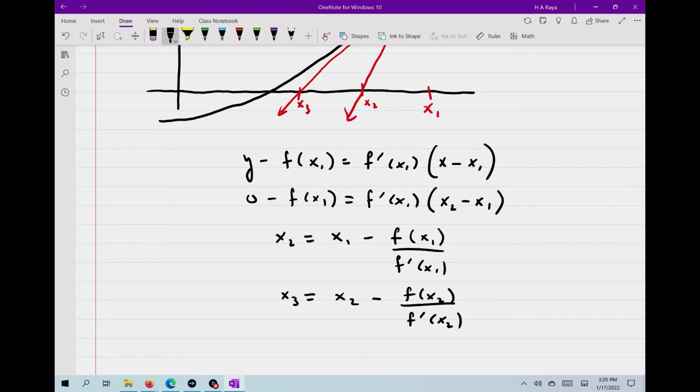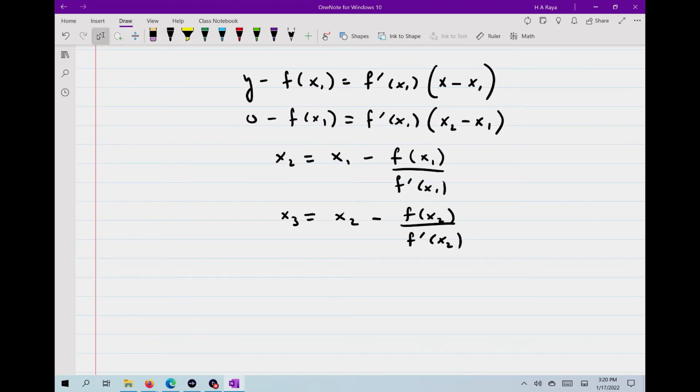And repeating the process over and over and over, I can come up with a generalization for these intercepts. In particular, x of n is equal to the previous value x of n minus 1, minus f of x of n minus 1 divided by f prime at x of n minus 1.